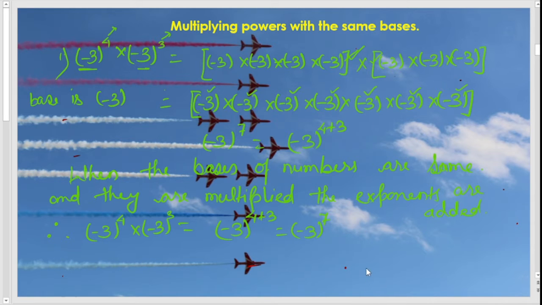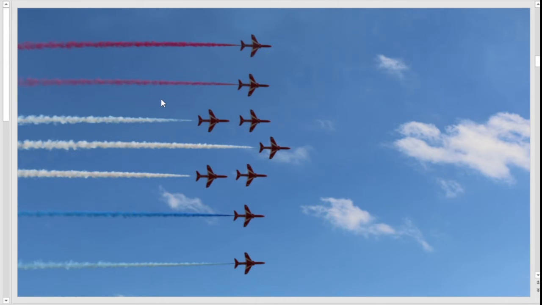We can take another example also. Now we have used fixed numbers, but we can use alphabets also. Taking an example, a cubed into a to the power 4, we can write it as a into a into a, as the power was 3, into a into a into a into a, 4 times.